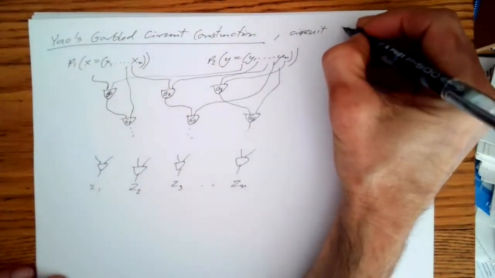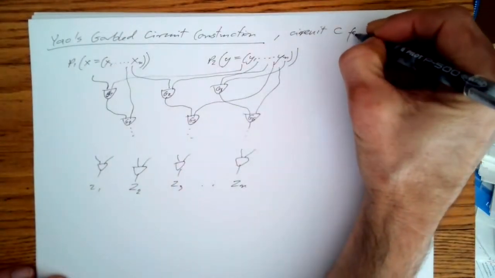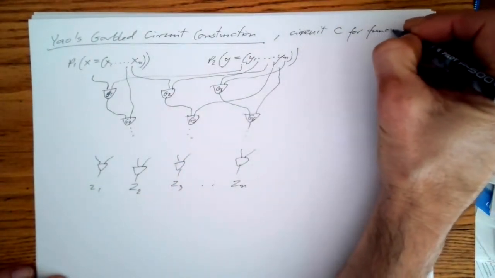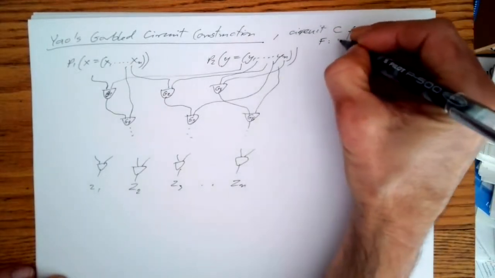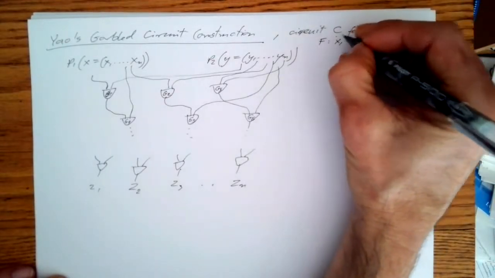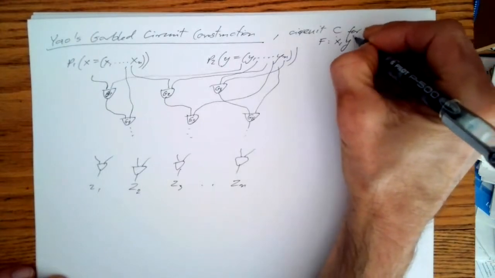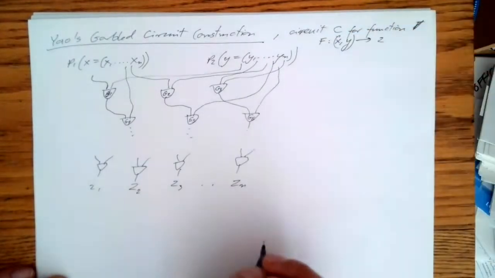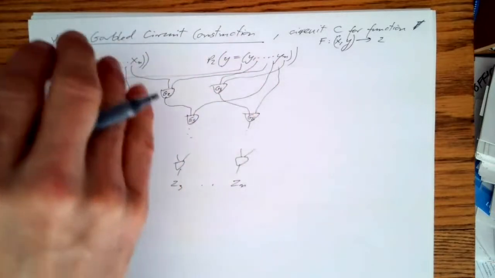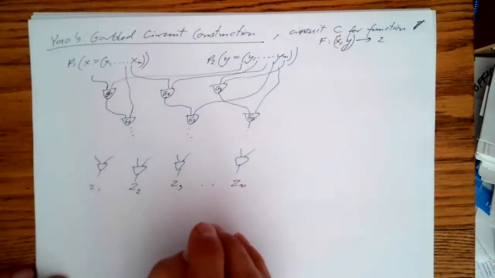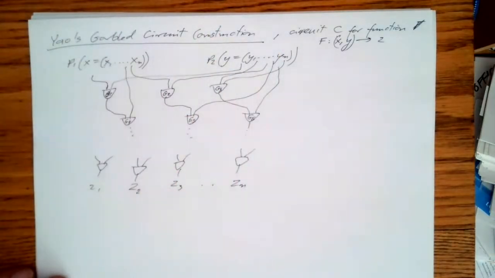So you could see a function f that takes a pair of inputs and gives an output C. And let's assume inputs are n bits and outputs are n bits. It is not necessary.